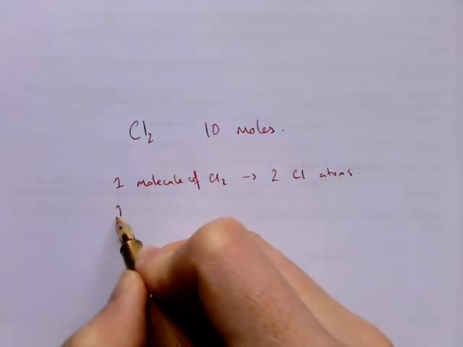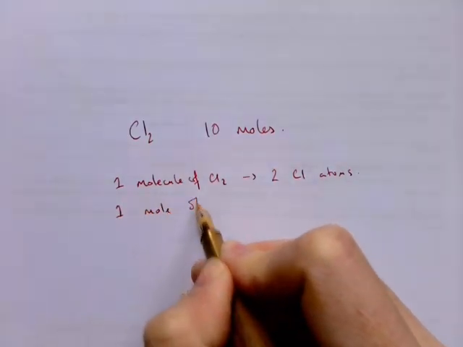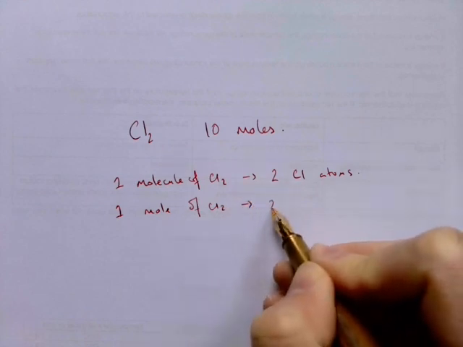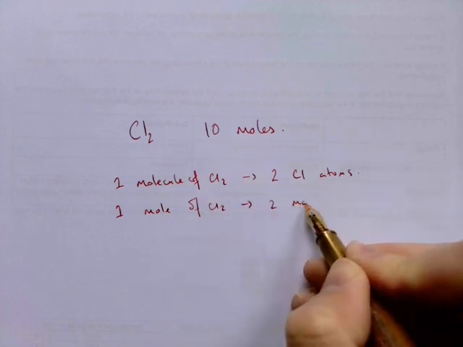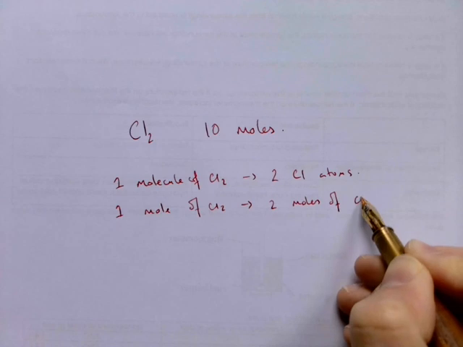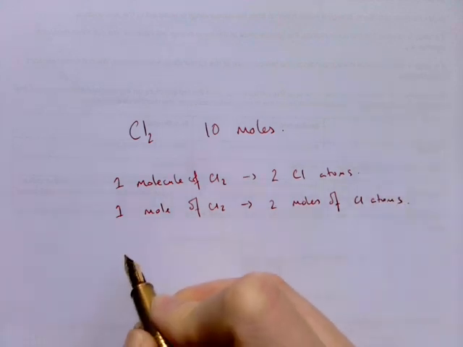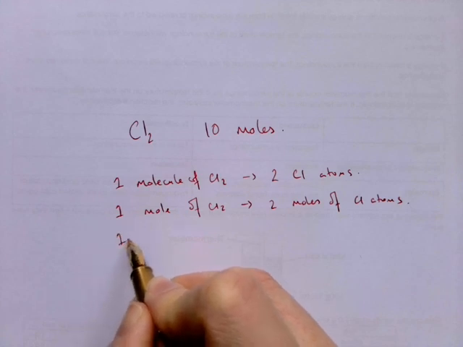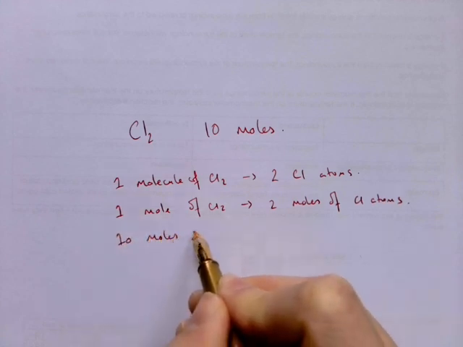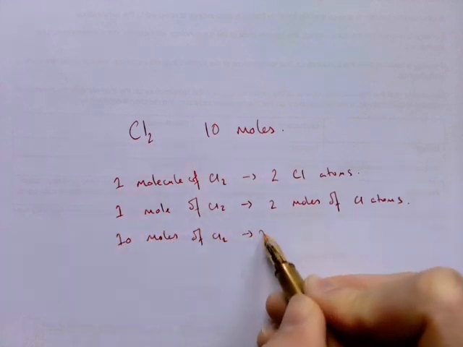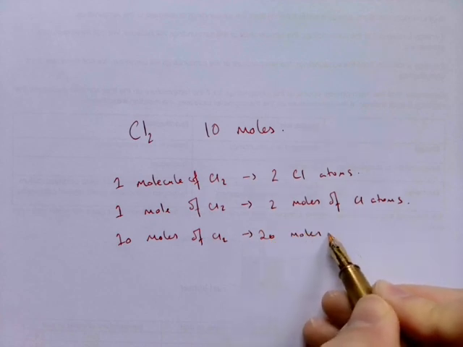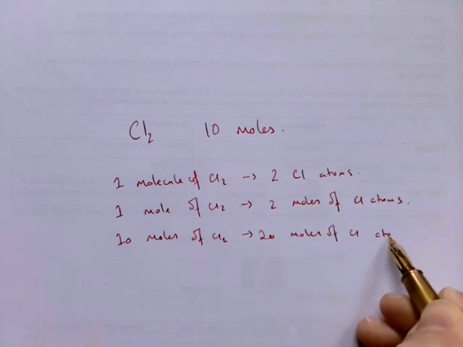If I have 1 mole of Cl2, that's 2 moles of Cl atoms. Okay, so now you should be able to see that if I have 10 moles of Cl2, that's 20 moles of Cl atoms.